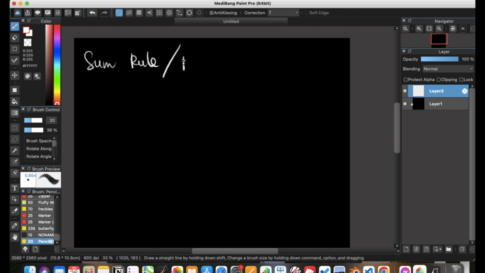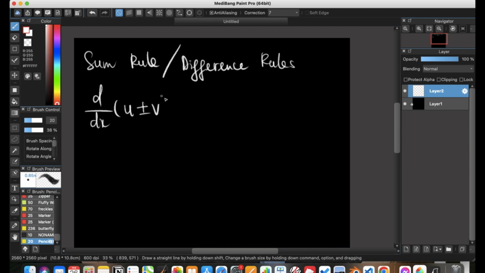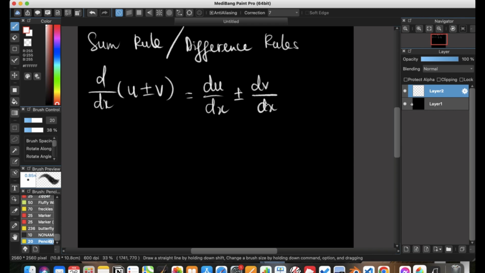You can call it the sum and difference rules, because basically it's just that. So let's say we have to find the derivative of a function u plus a function v, right? It's going to be real easy. That's just going to be the sum or difference of the derivatives of each function, right? So let's take a look.